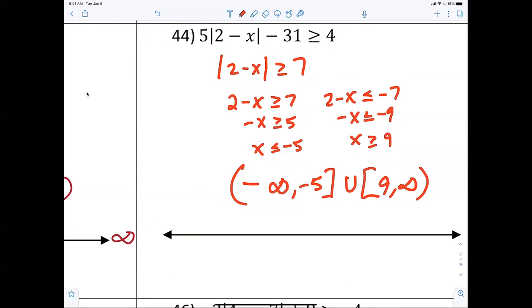You change x to be negative just by switching. Yeah, right. Negative x means change signs. Change signs. Yes. 31.